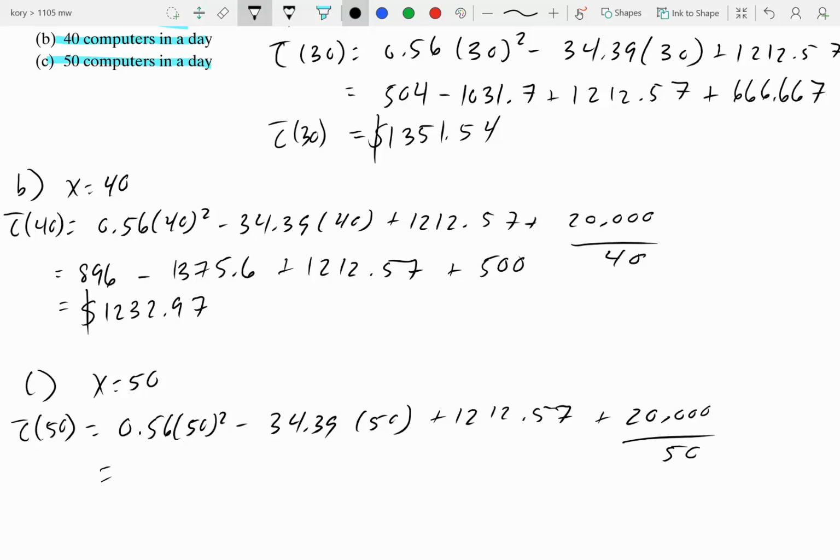Alright, so we got 50 squared times 0.56, that leaves us with 1,400 minus 1,719.5 plus 1,212.57 plus 400. Add them all up, and we get $1,293.7.